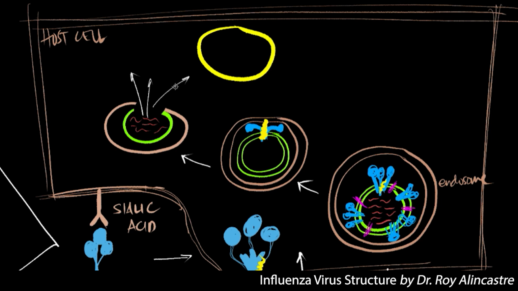Okay, this makes the influenza virus unique from other RNA viruses, in that the replication occurs in the nucleus. The replication of the other RNA viruses occurs in the cytoplasm. All right.